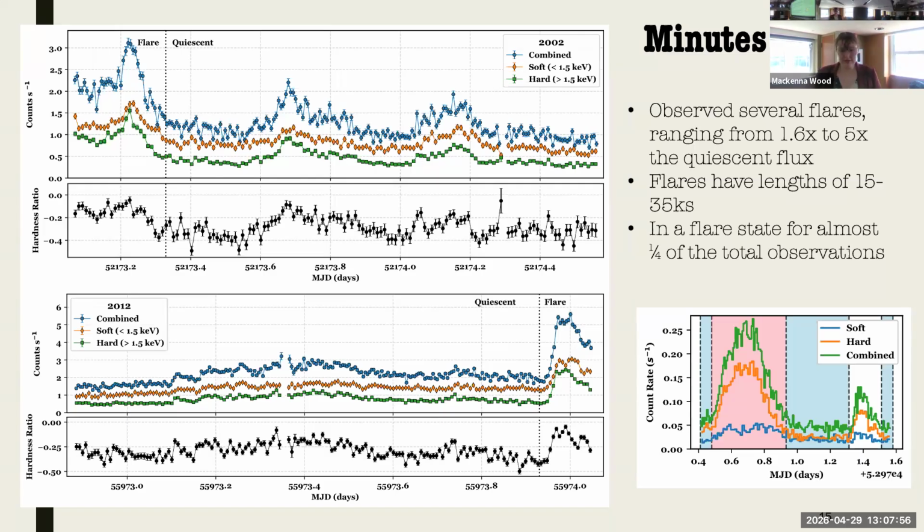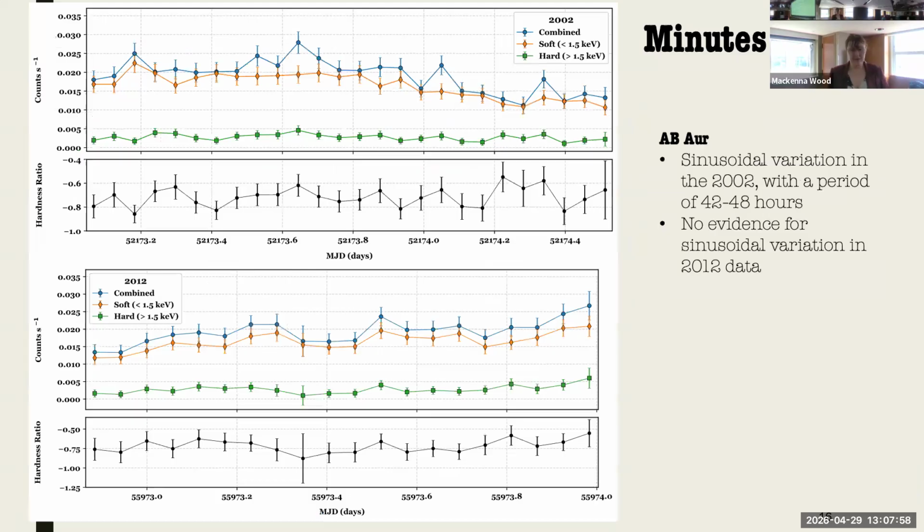AB Auriga, which is just a little bit more massive than SU Auriga. It is 0.2 solar masses more massive, but that puts it in an entirely different evolutionary stage, even though they're both the same age. And that one is much, much quieter. You can see these are our XMM Newton observations. The Chandra didn't really have enough counts to worry about.